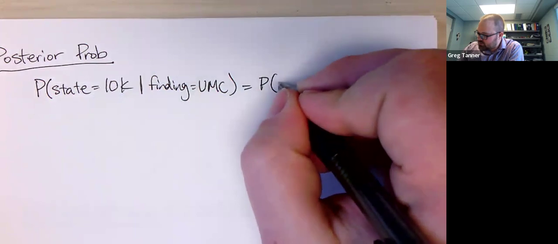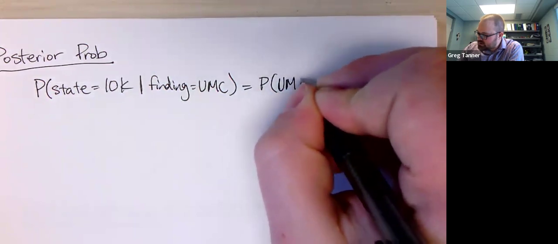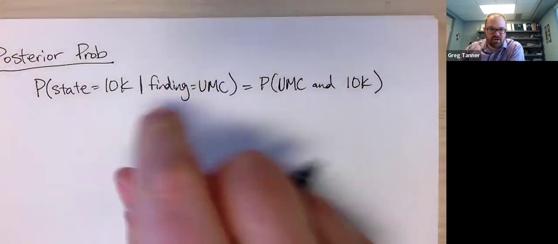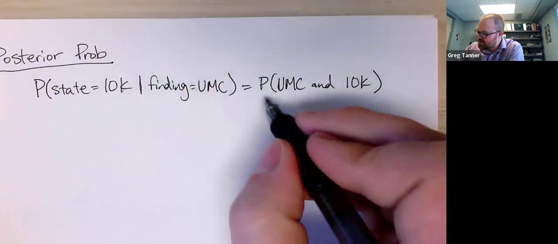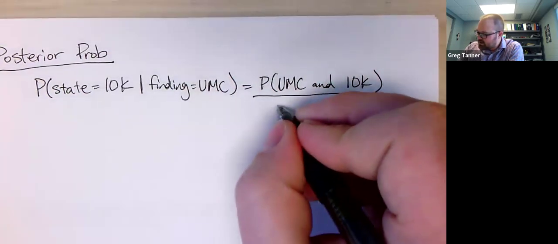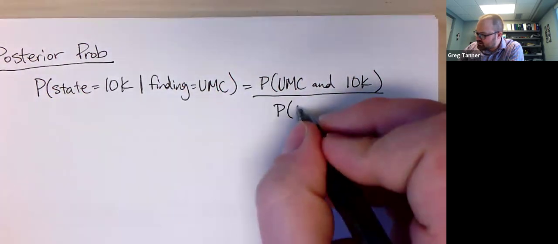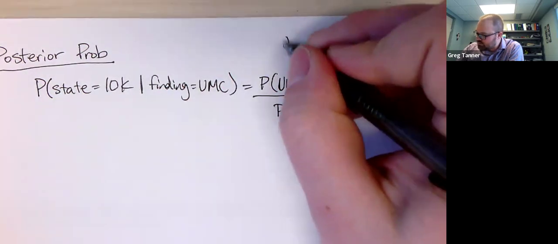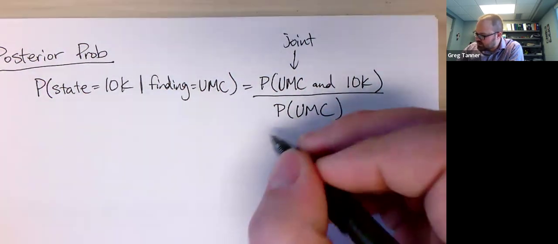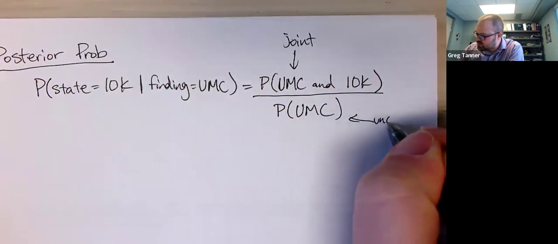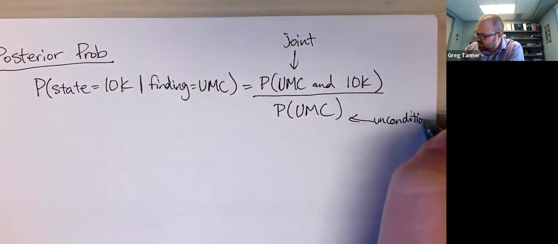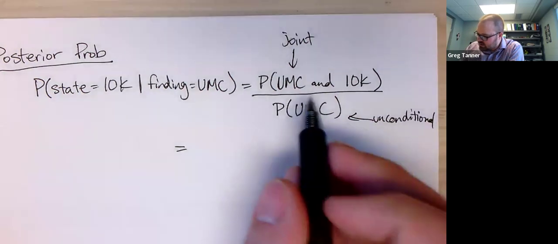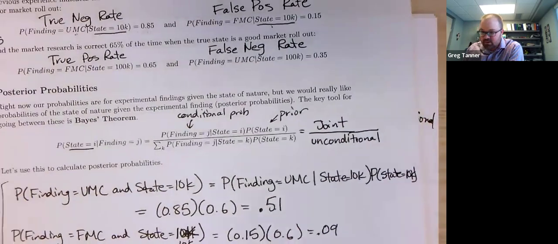So this is the probability of UMC and 10K, and I'm going to suppress the state equals and finding equals, divided by the probability of just the finding, so the probability of UMC. That's a joint probability there, and that's an unconditional, the probability of just a finding.